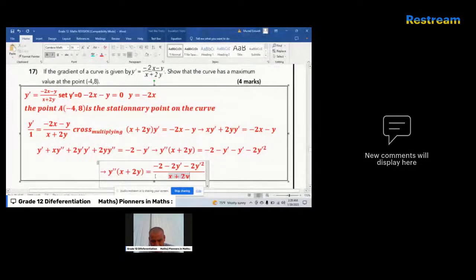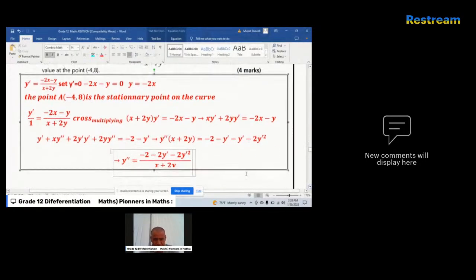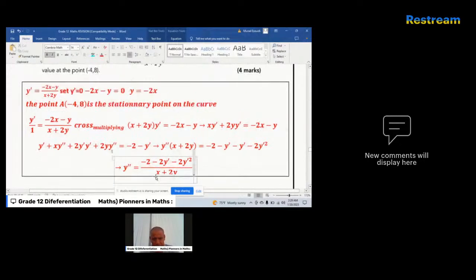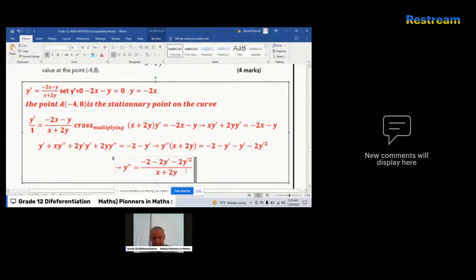I will now erase this one. This is y double dash. I will extend this, learners. Now it's clear for you, isn't it? This is the second derivative of the function.